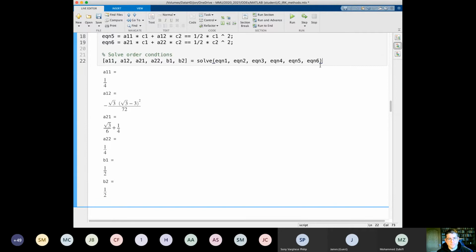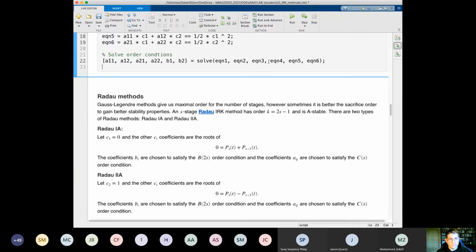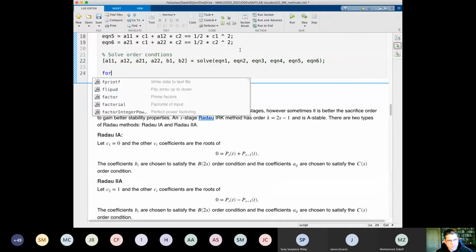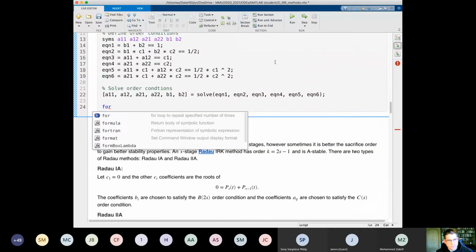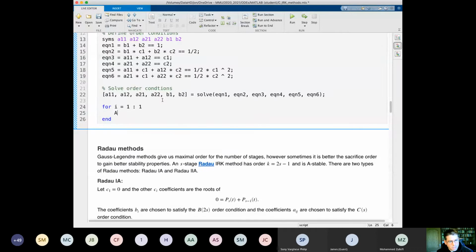So what we could do is, I'm going to do a bit of post-processing with these solutions. A little bit of a trick when using MATLAB live scripts is, if you want things outputted all at once, just put them in a for loop with one iteration. So I'm going to say A was A11, and then I'm going to simplify A12 because it gave it in a bit of a complicated form.